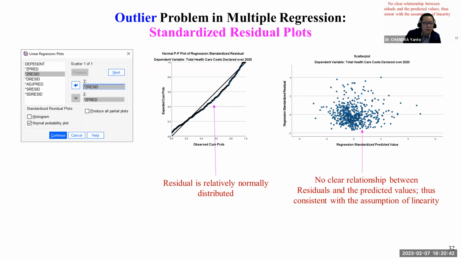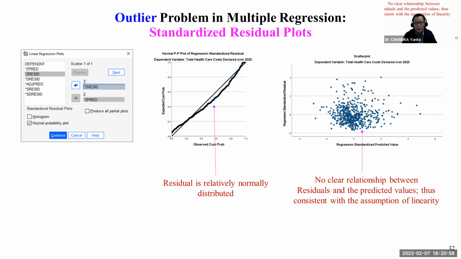So that means that it's still relatively normally distributed. And look at that, a plot between the standardized predicted value on the X and the regression of the standardized residual. It has no pattern. And this is good.